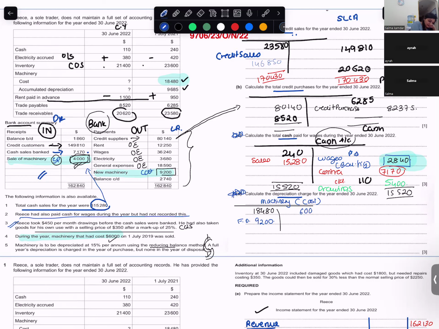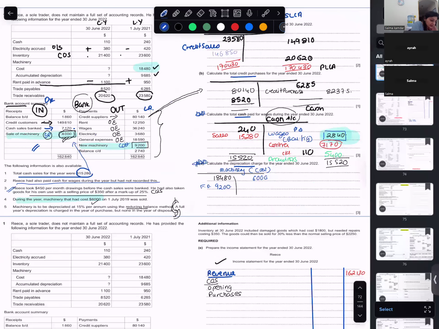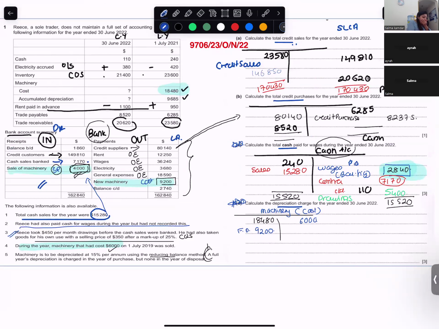6,000. Lovely. So machinery account, if it is maintained at cost, how do you make the account? So you'll balance it, right? So what is your balance c/d?